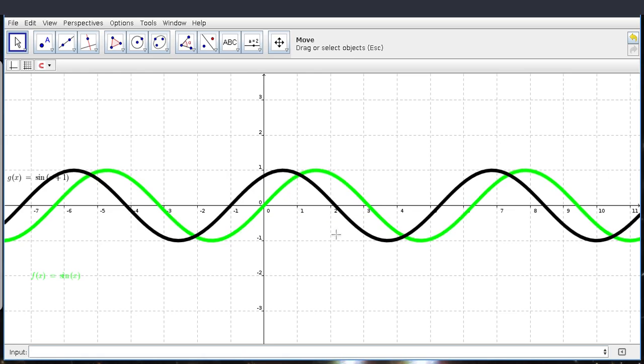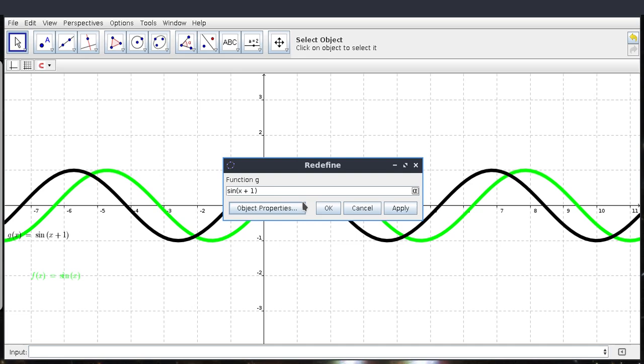Guess what? You see, the original graph cuts at the origin, but the modified graph goes to the left 1 place and cuts here. Right? Let's do a little thing and say we want plus 0.5 instead of 1.